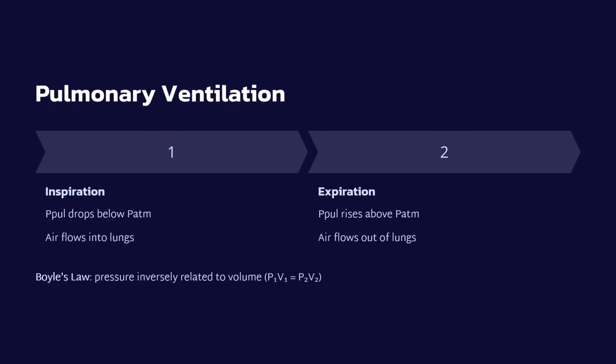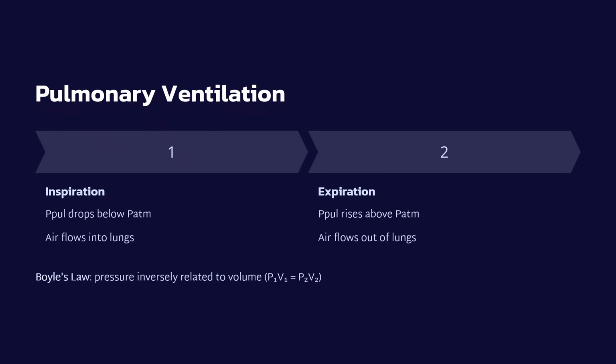So your pulmonary ventilation, or your breathing, follows Boyle's law, which says that when the volume of a closed space increases, its pressure decreases, and when volume decreases, the pressure increases.